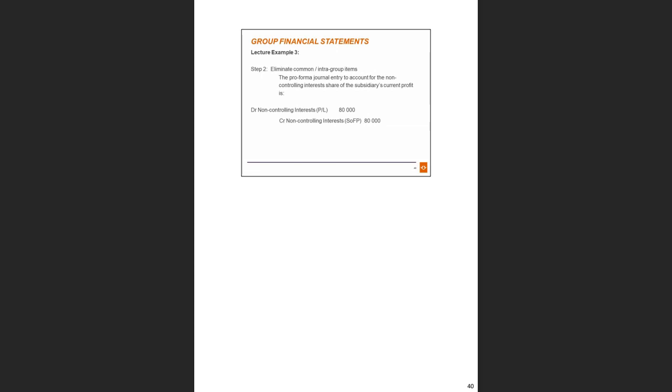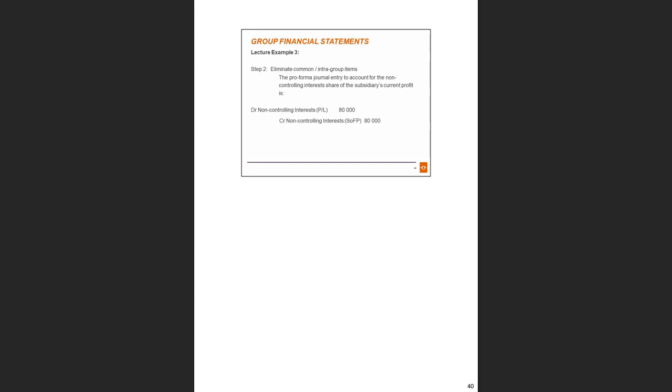So the previous journal entry was to account for the share of the post-acquisition retained earnings from acquisition date to the current year. This pro forma journal entry basically gives NCI the share of the subsidiary's current profit. So S's share of current year profit is 400,000 rand.